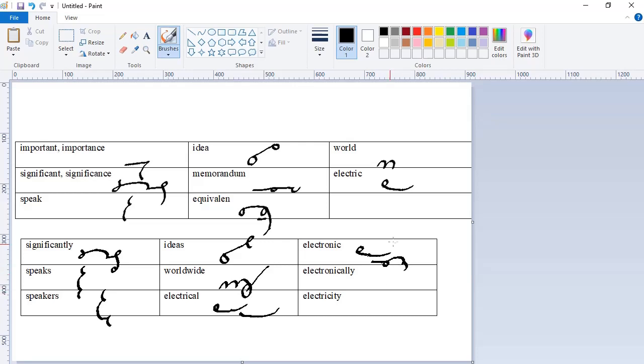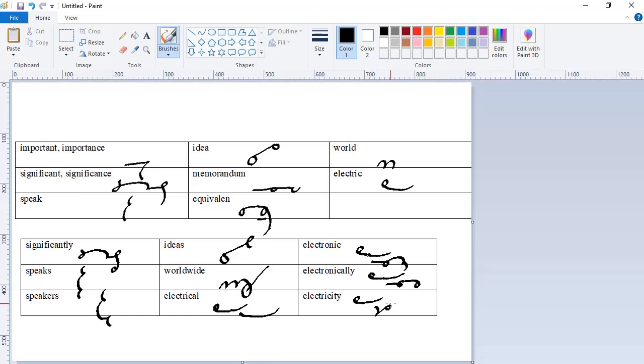Next time ulit. Next word, we have electronically. So electronically. Next, electricity. So we have electric, and then CT.